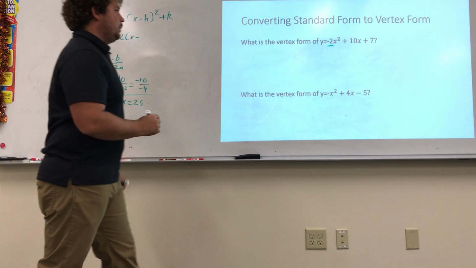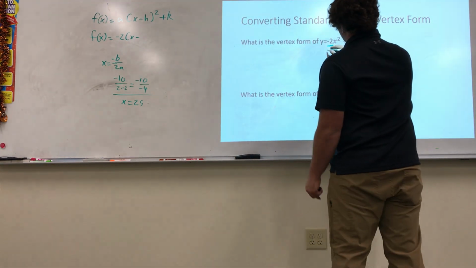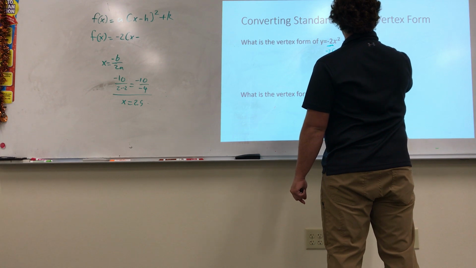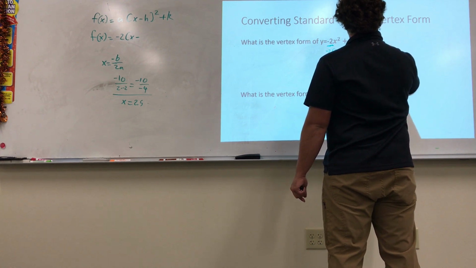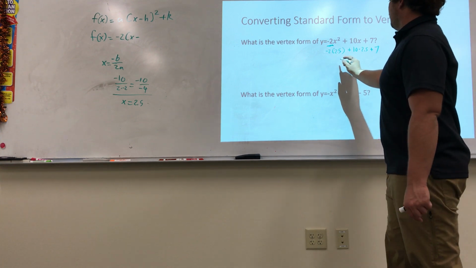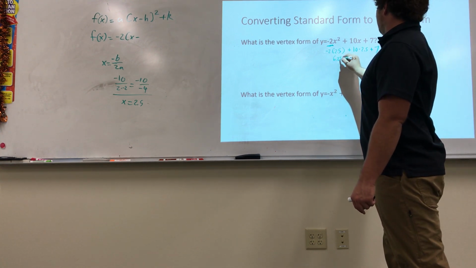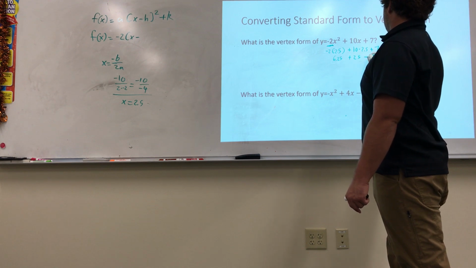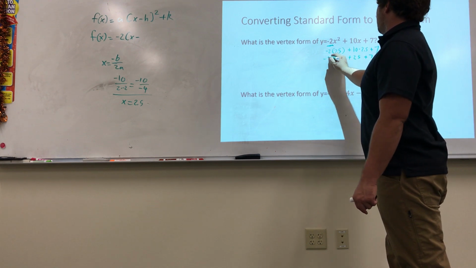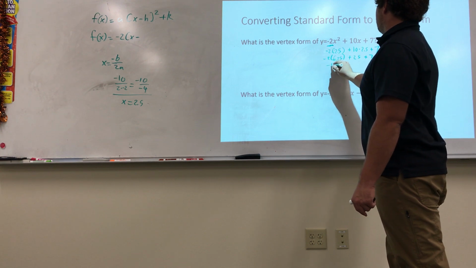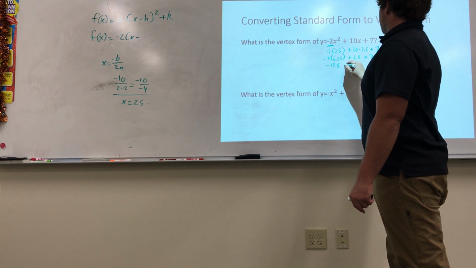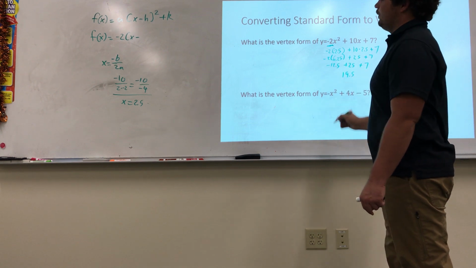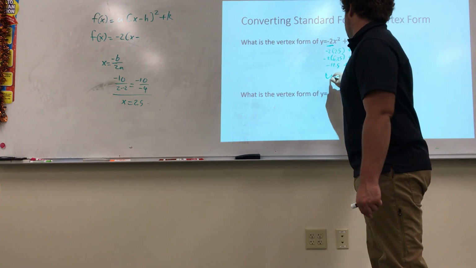We plug in 2.5 here. I'm going to get 6.25, plus 25, plus 7. I get negative 2 here, which is going to give me negative 12.5. Plus 25, plus 7. I should get 19.5. And that's what y should equal.